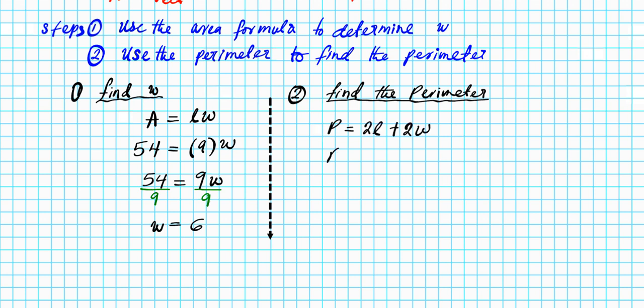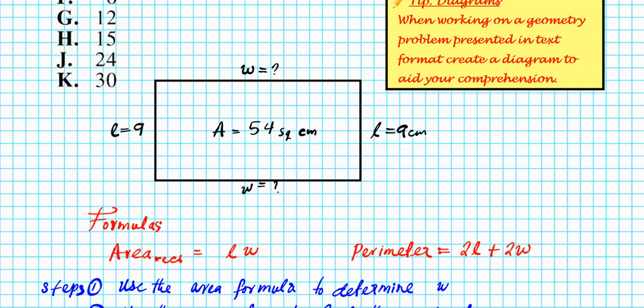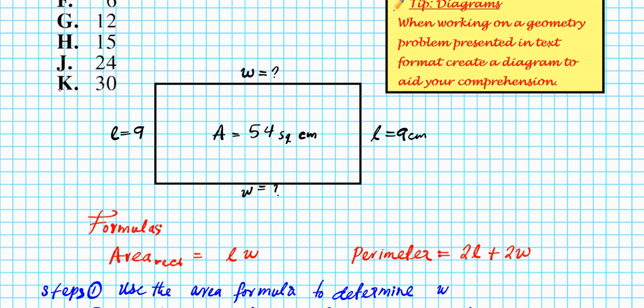So if we carry out a substitution, our L is 9, the problem gave that to us, and then 2 times W, which we found is 6, and that gives us 18 plus 12. Our perimeter is equal to 30 centimeters. Answer is option letter K.